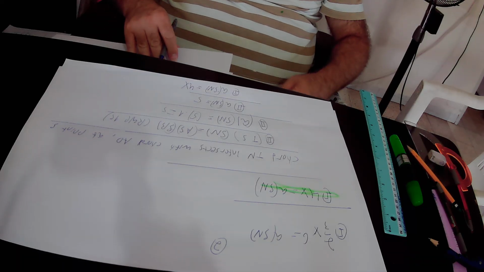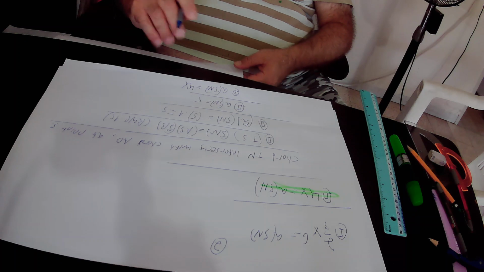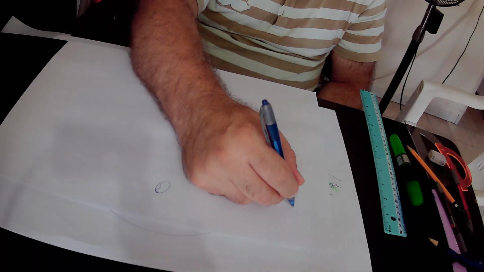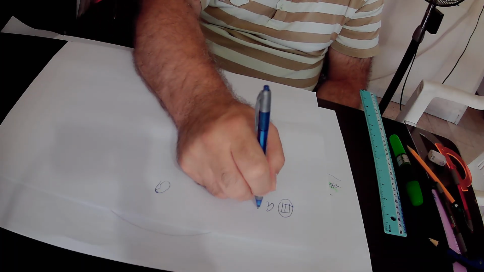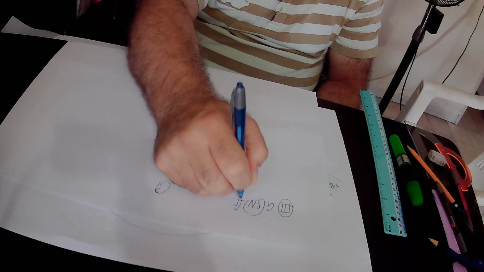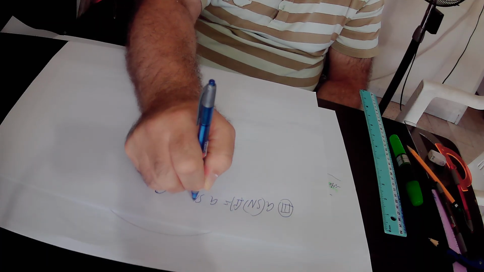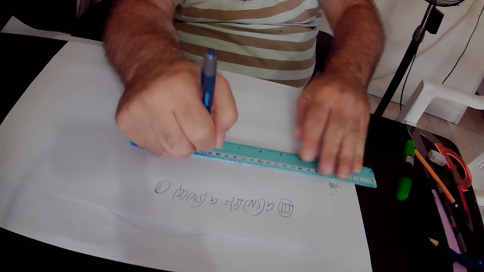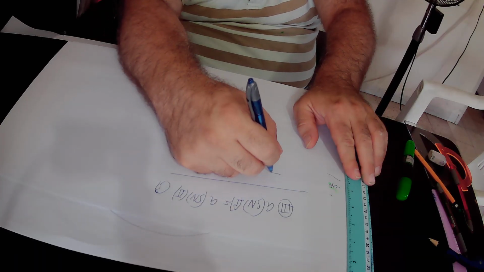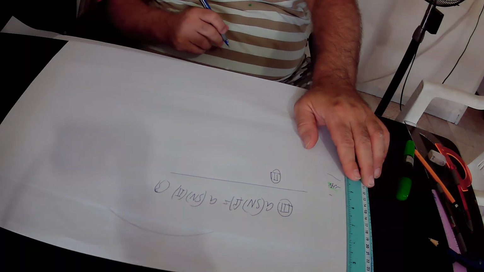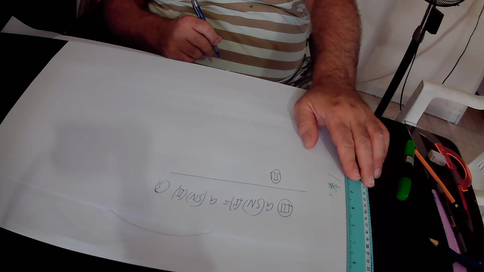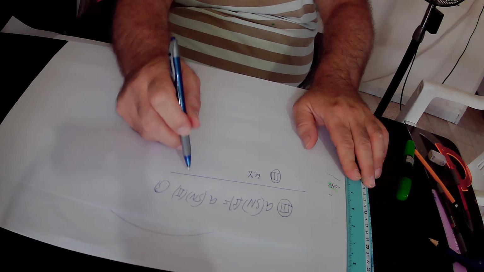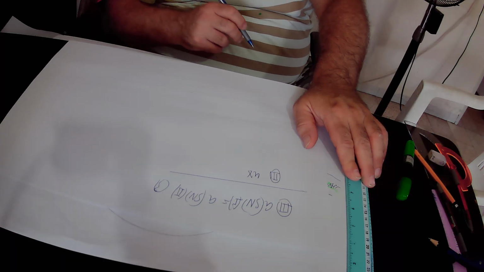So in the next step, we get equation 3, which says that A times Sn according to equation 1 must be equal to A times Sn according to equation 2. A times Sn according to equation 1 is 4x, and it must be equal to A times Sn according to equation 2, which is 5.